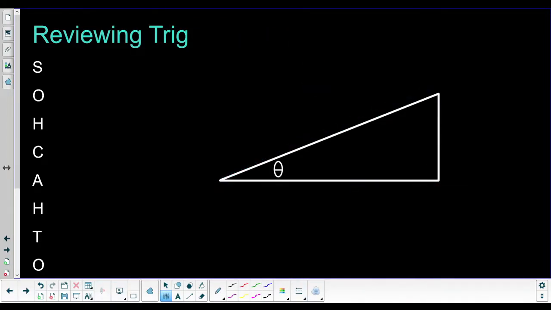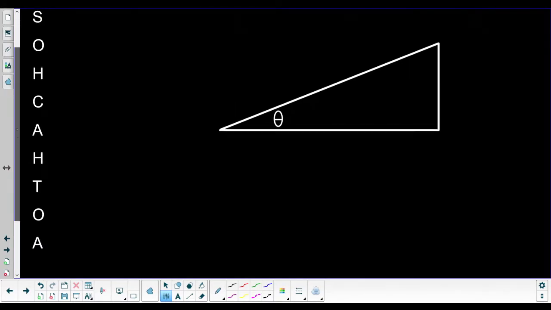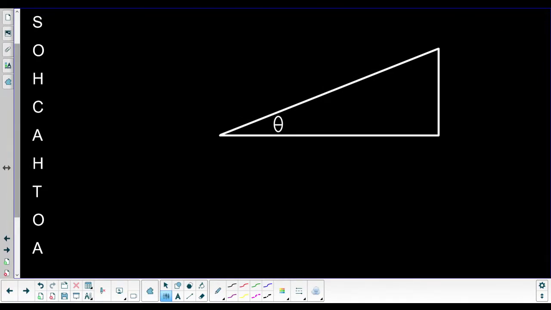So let's review something that you're going to need to know for the rest of your life: sine, cosine, and tangent. There is an acronym that helps us remember how to set up sines, cosines, and tangents. It's SOHCAHTOA. In math, each of these letters either represents a trig operation or the name of a side.